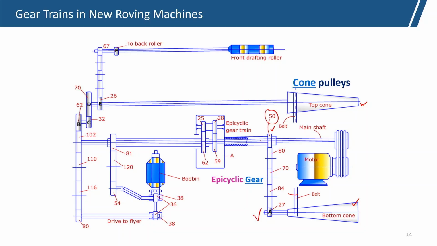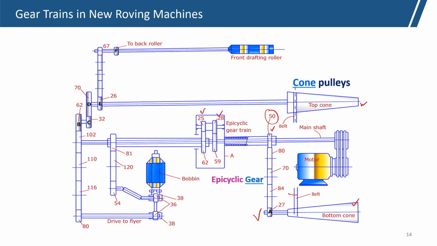Here it is a hollow system, and with this arrangement the 50 acts as an arm which revolves the epicyclic gear train. There are 50, 25 and 28 teeth rollers, which are actually the planets around the sun, which is 59 teeth, and this 59 teeth sun gear is fitted firmly on the main shaft, which rotates at main shaft speed.